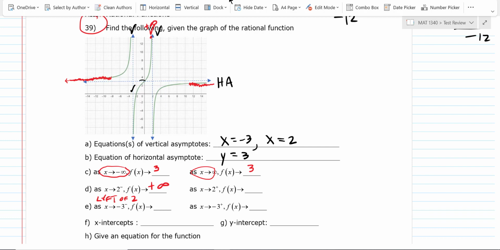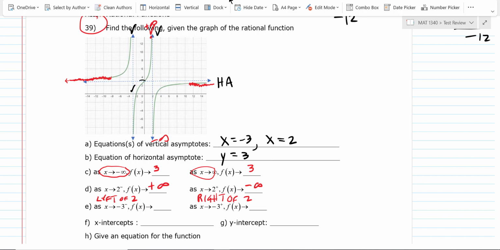That just means if you're barely to the left of 2, the graph is getting extremely high. Okay, the next problem says if you're barely to the right of 2, and barely is the key. So if I'm just barely to the right of 2, where is the graph? It's way down. So the answer to that's negative infinity. Okay, but that's just kind of interpretation of what's happening to the graphs around the asymptotes.